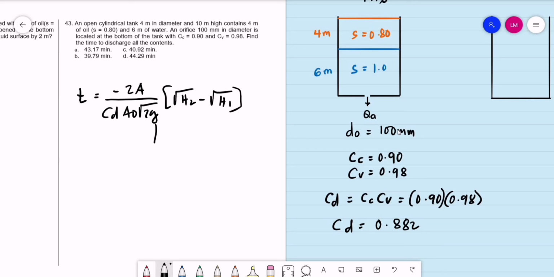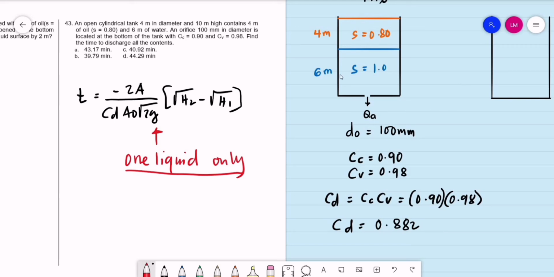Take note na yung formula na to is applicable only for one liquid only. Applicable lang siya kapag isa lang yung liquid or uniform dapat yung liquid natin.